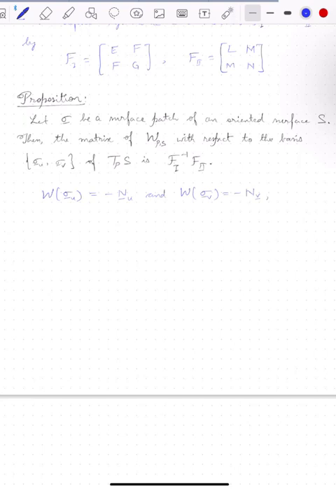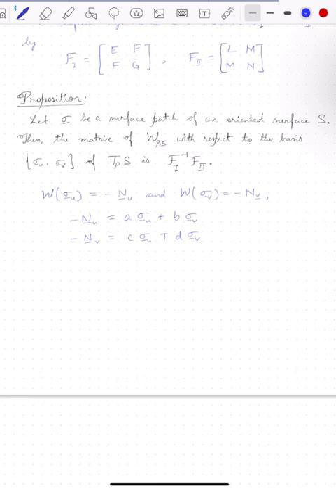So we can represent n_u, since n_u is perpendicular to n, which means it has to lie in the tangent plane spanned by sigma_u and sigma_v. Likewise, n_v will also lie in the span of sigma_u and sigma_v and can be represented in this form.